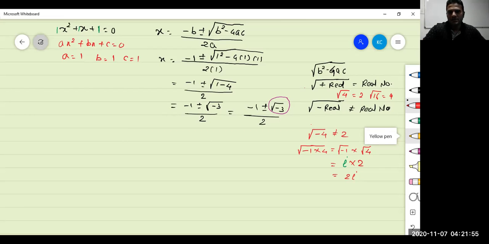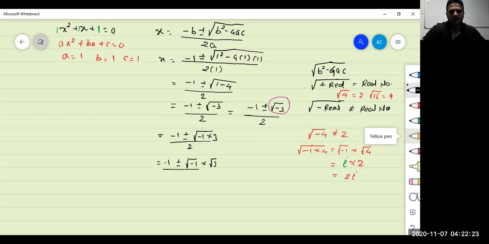So how to write this root? In this case, we will write it as minus 1 plus or minus root of minus 1 into root 3, divided by 2.